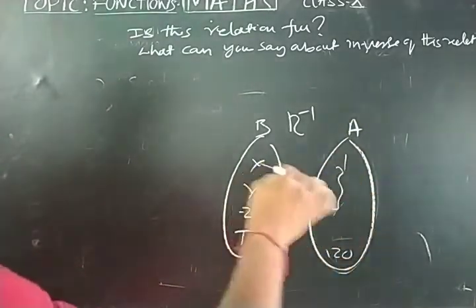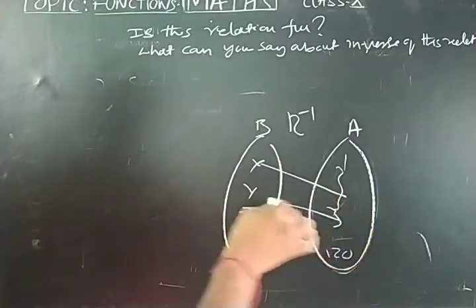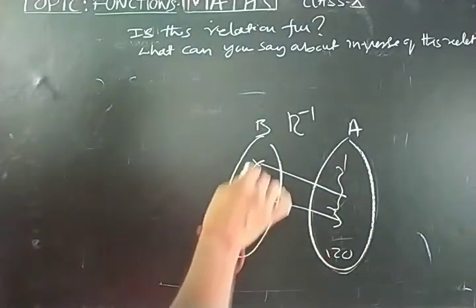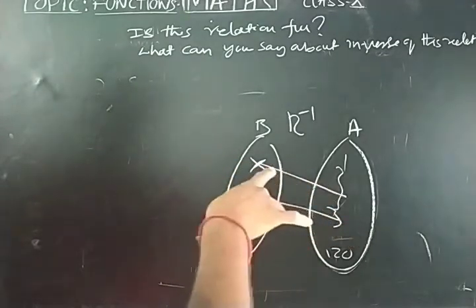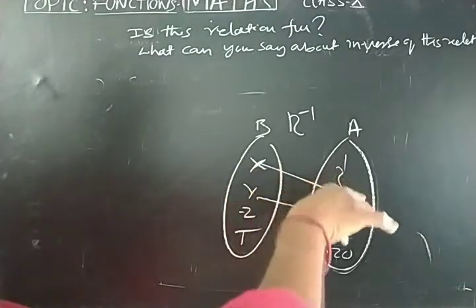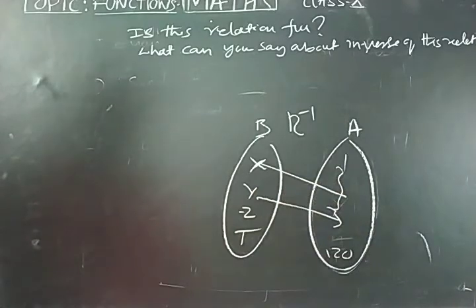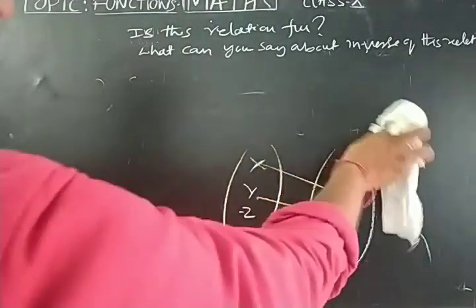As I said, 30 students belong to X, the remaining 30 students belong to Y. So X is one element of the domain, but it has many images. If one element has more than one image, it is not a function. So the inverse of the relation is not a function, but the relation is a function.